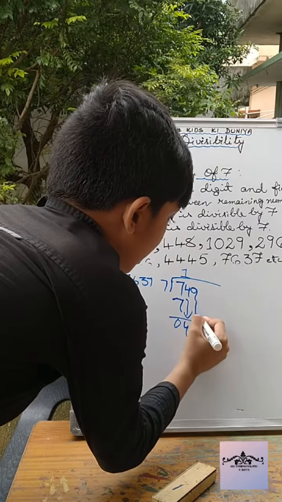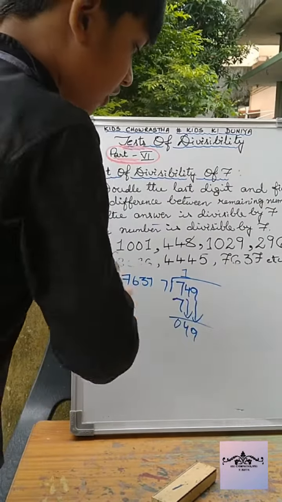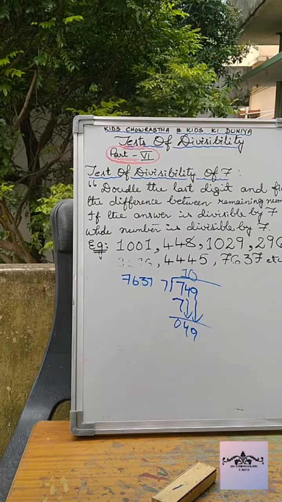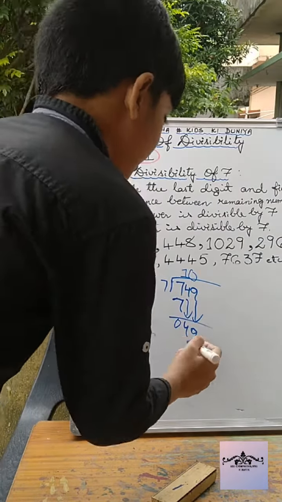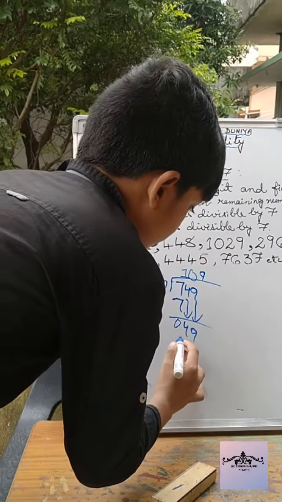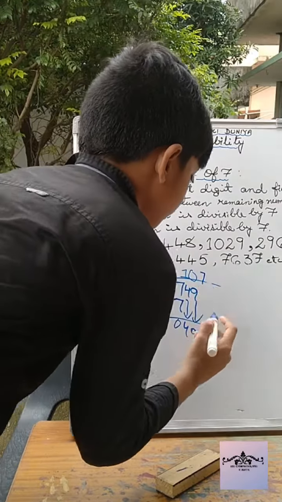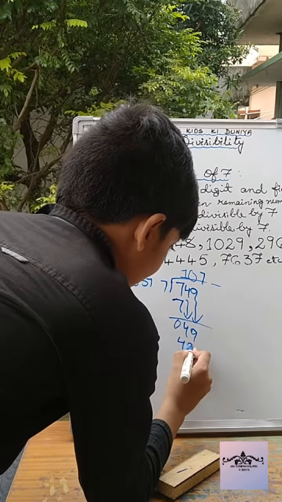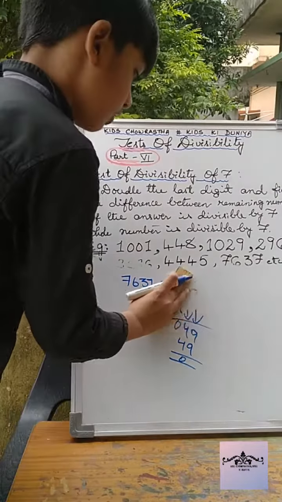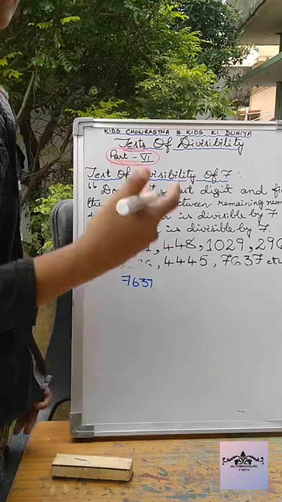So we are taking another number down, 9. When we take two numbers together down, we are putting a 0 over here. Okay. So 49. 7 sevens are 49. So 0. So here we get 0. So 749 was divisible by 7.